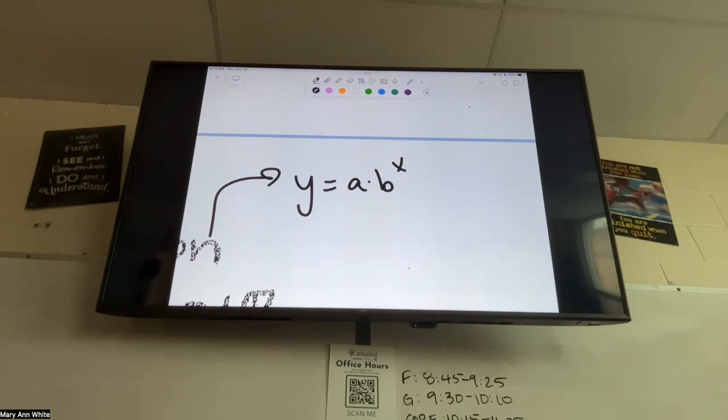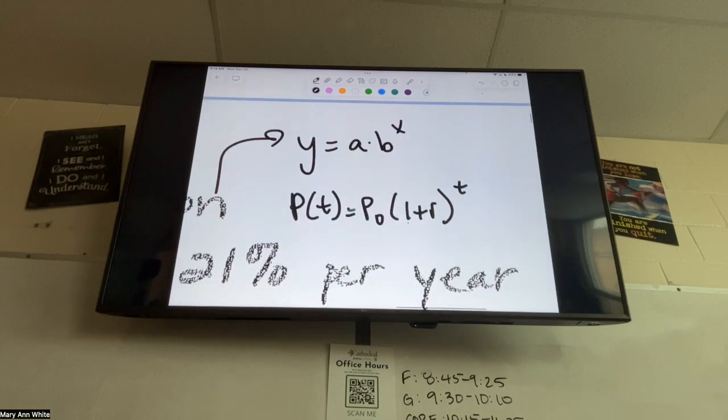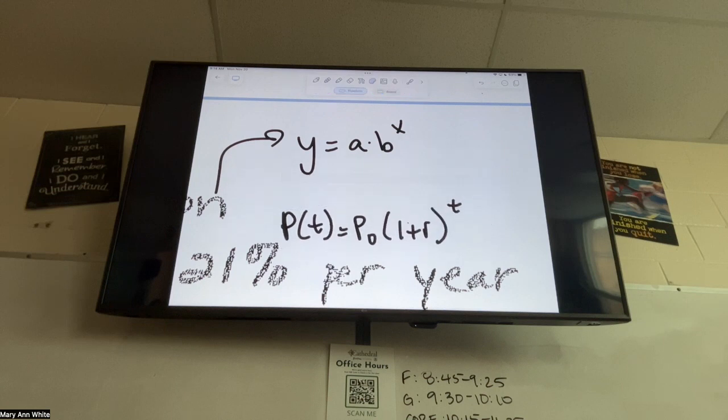The one that I'm going to teach you right now is very similar, but it's more helpful when we're thinking in word problems. We're going to say P of t equals P sub 0 times 1 plus r raised to the t. P of t equals P sub 0 times 1 plus r raised to the t.